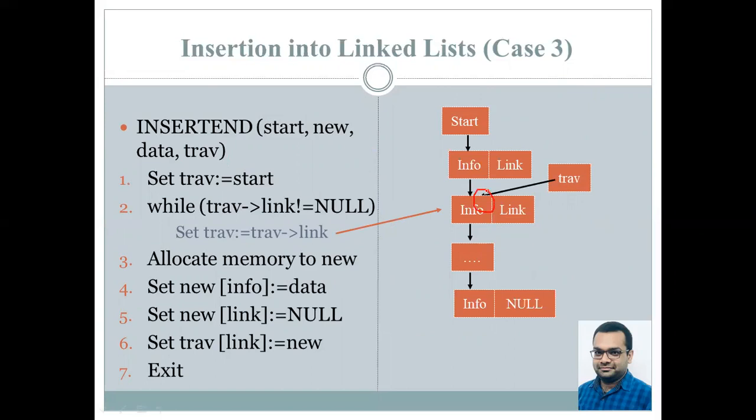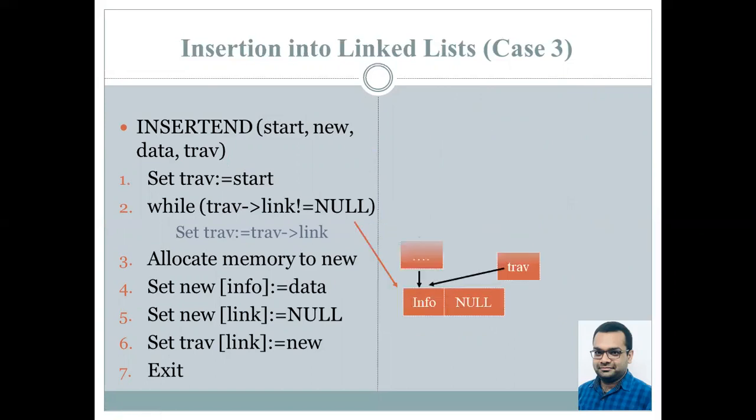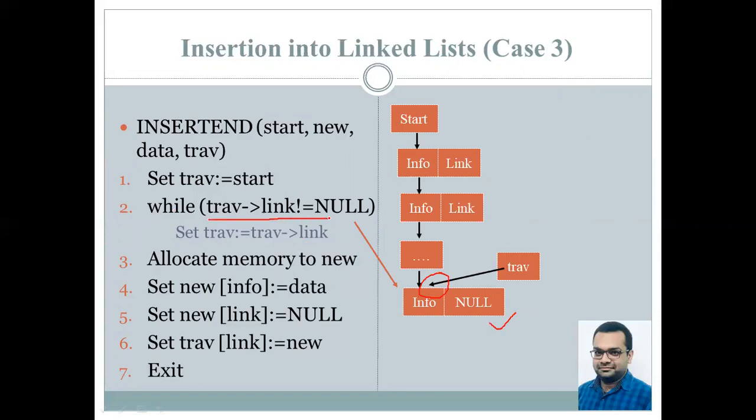This is going to keep on going till we reach the last node. When the program reaches the last node in the linked list, traversal's link is null. So this check is going to fail in the while loop and our program is going to exit and jump to the third statement.